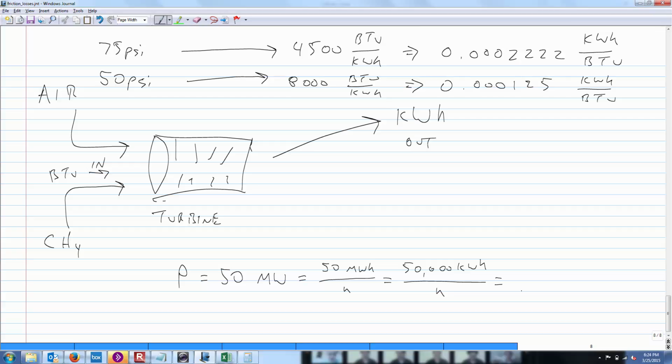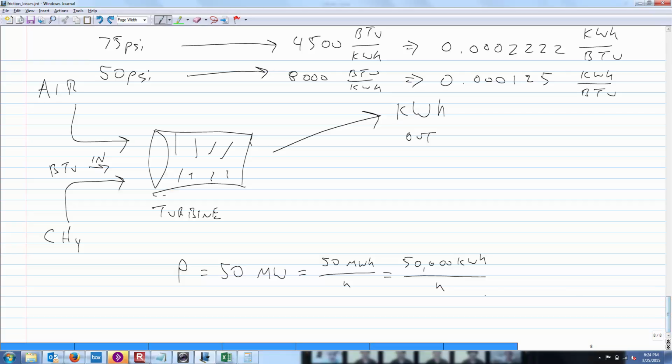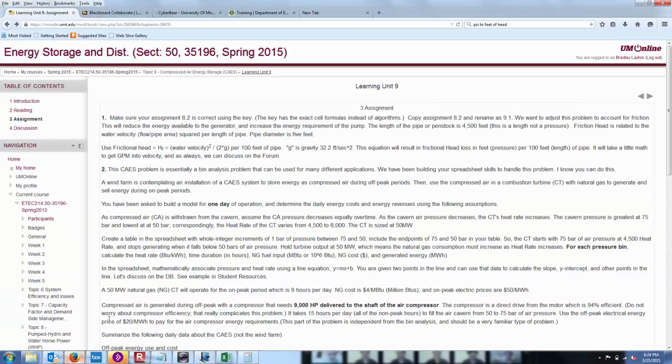Equals, so let's just get from, so we're looking at 50,000 kilowatt hours per hour. And it's got to get from BTUs to kilowatt hours.